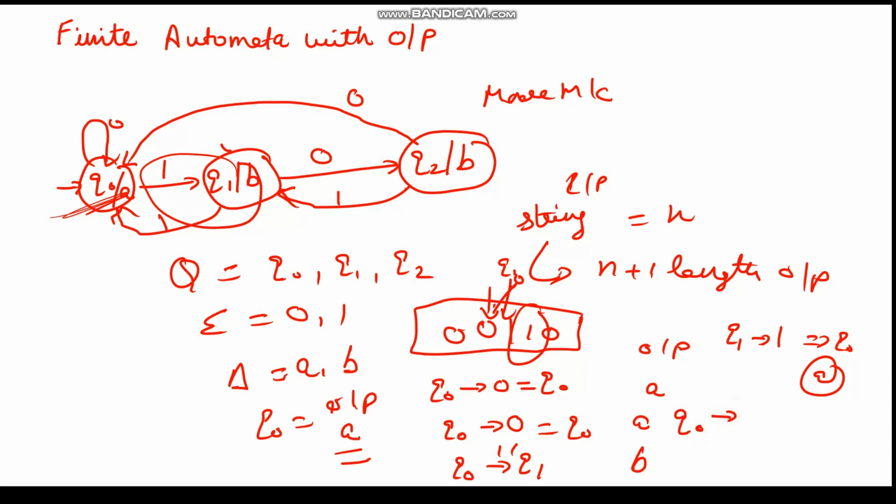At Q0 the next symbol to be processed is 0. So we will pass 0, and the transition for Q0 is Q0 itself. So we will remain at Q0, and the output is A.